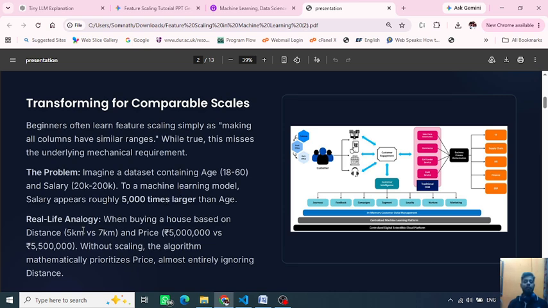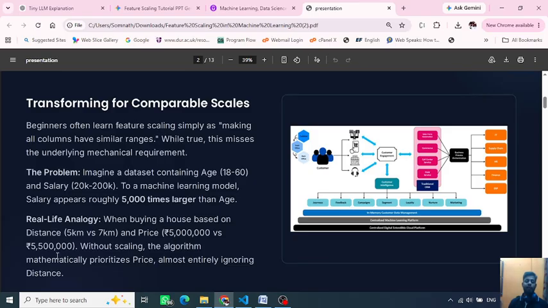A real life analogy is buying a house based on distance, 5 km versus 7 km, and price is like 50 lakhs and 55 lakhs.